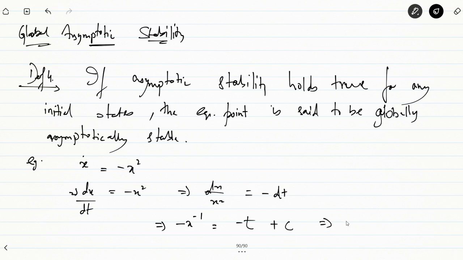So in other words, we can also write this as 1 by x, transferring this side, x is equal to 1 by t minus c. Rather than writing minus c, I'll write plus c because this is still a constant of integration only.